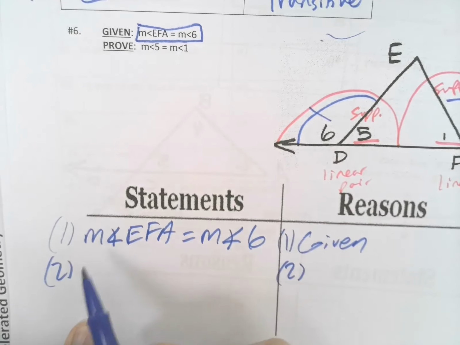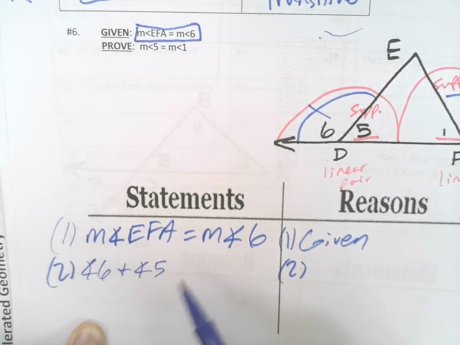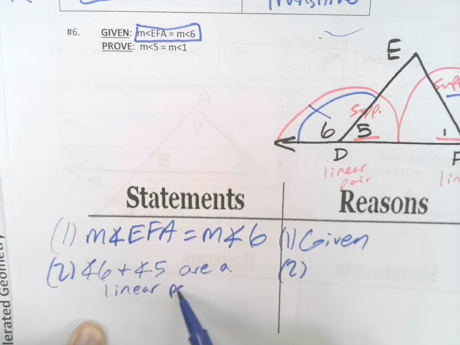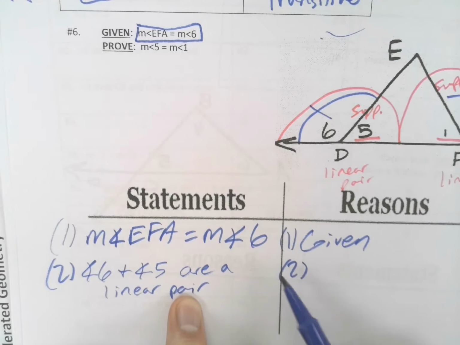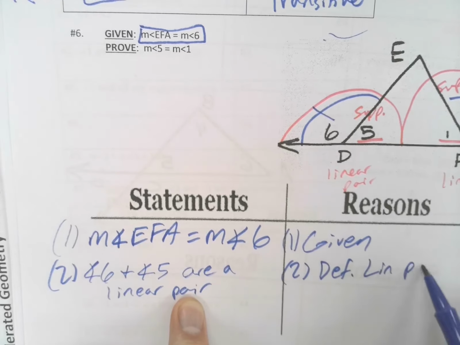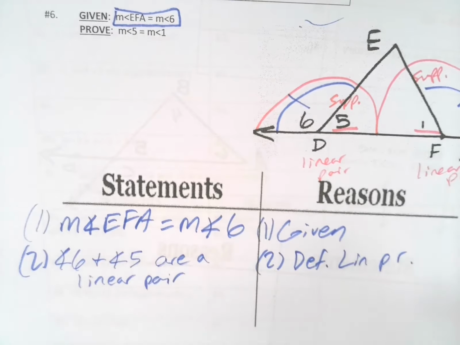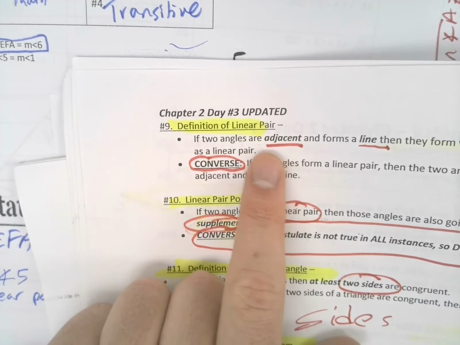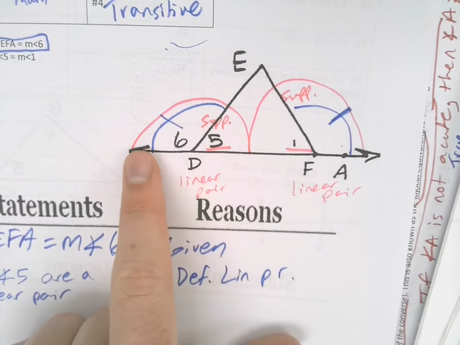We can say that 6 and 5 are a linear pair. And the reason we can say that is if you go back to our definitions, you'll see that the conclusion we can draw from that is the definition of a linear pair. Based off the definition of a linear pair, we know that 5 and 6 are adjacent to each other and they form a line. Check it out, adjacent to each other and they form a line.